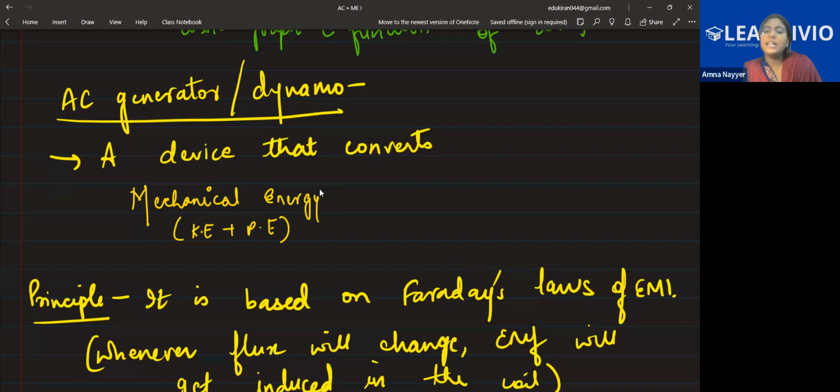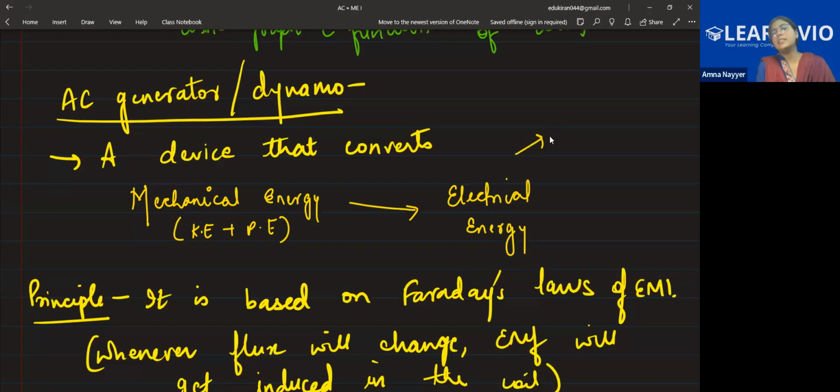So sum of kinetic energy and potential energy is known as the mechanical energy. So AC generator basically converts mechanical energy into electrical energy. And this electrical energy is actually your AC current.